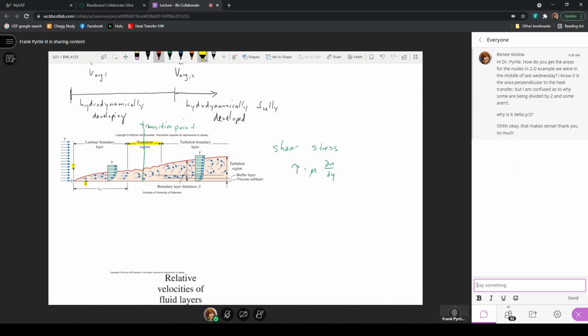If I want shear stress at the wall, tau sub w, to calculate the force of drag acting on that surface where the fluid is flowing over it, this is mu times du dy evaluated at y equals 0. So right at this surface, du dy is the velocity gradient that we can draw right here and right here.